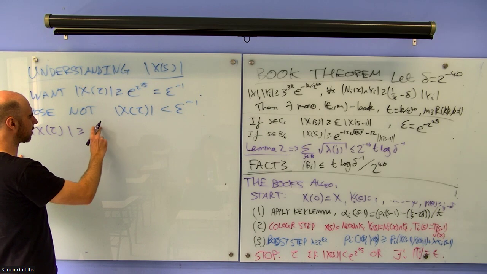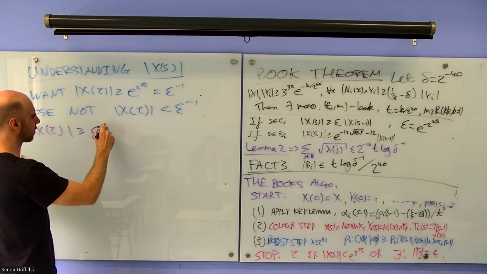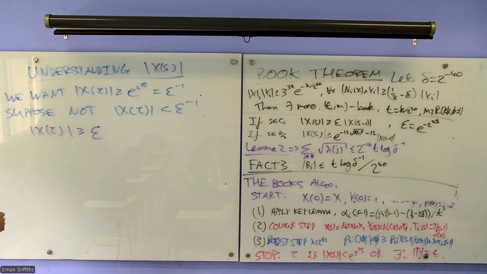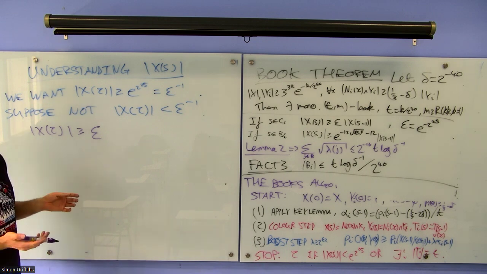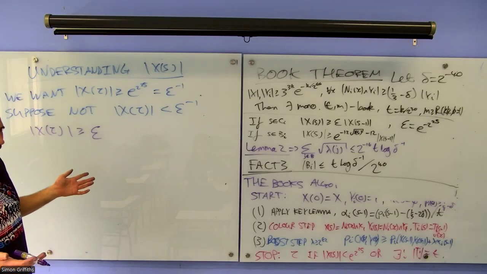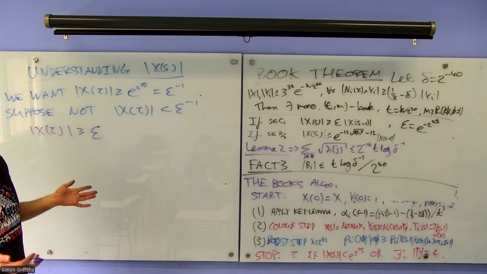So you've done this for all of the color steps. Now, how many color steps are there? We're in the case where X ends up being too small, so it means you didn't get to complete your clique in any of the colors. So you only did less than, was it 3t minus 3 or something?